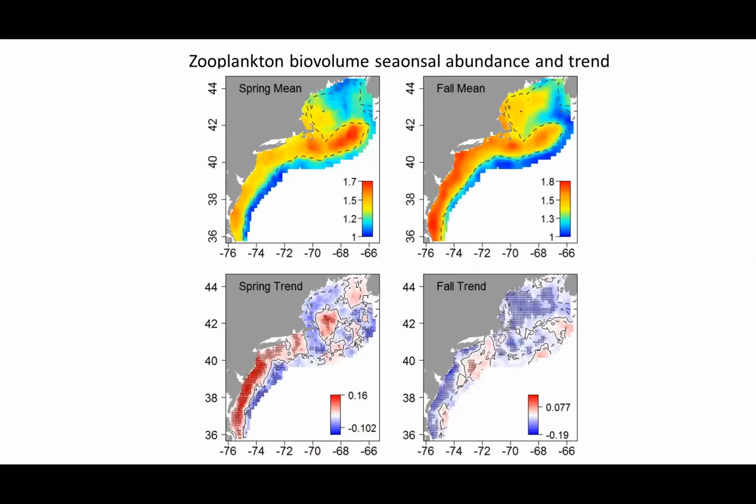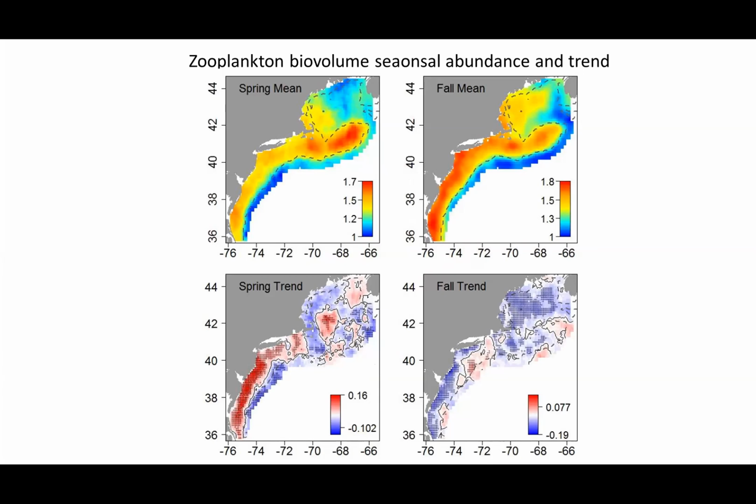The zooplankton communities on the shelf vary seasonally. What we're looking at here is zooplankton biovolume, which is a bulk measure of zooplankton biomass. You see that in the spring, the main focus of zooplankton is on Georges Bank, and in the fall, more along the Mid-Atlantic Bight.